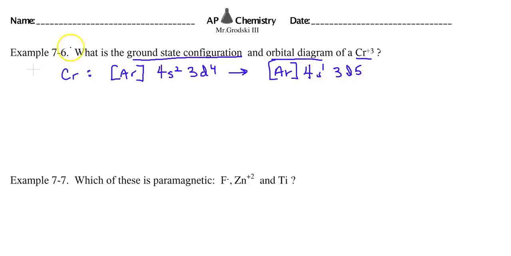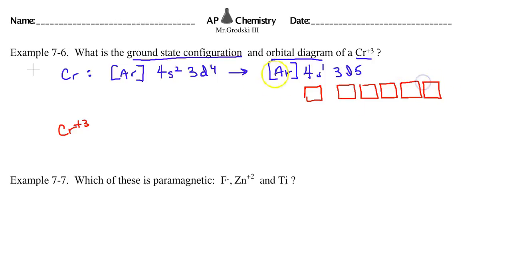But that's for chromium. They want chromium +3. Now, let's write out the boxes for these guys. I'm just writing out the outermost ones here. D, of course, is going to get 5 boxes because there's 5 different orbitals in 5 different arrangements. So this is what it looks like.